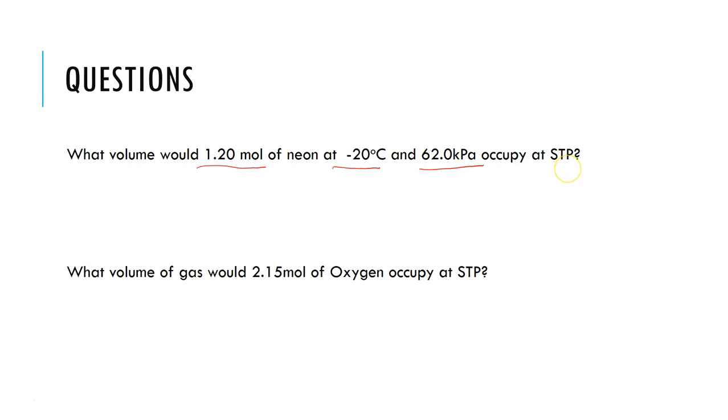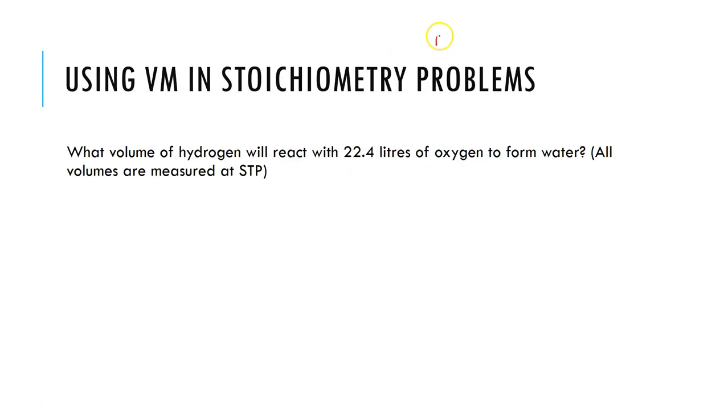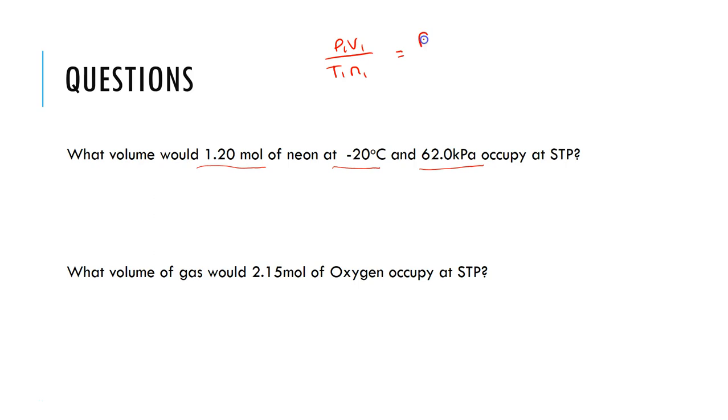So we are changing it to STP. We could use P1V1 over T1N1 is equal to P2V2 over T2N2. But that's going to be a lot of substituting in.